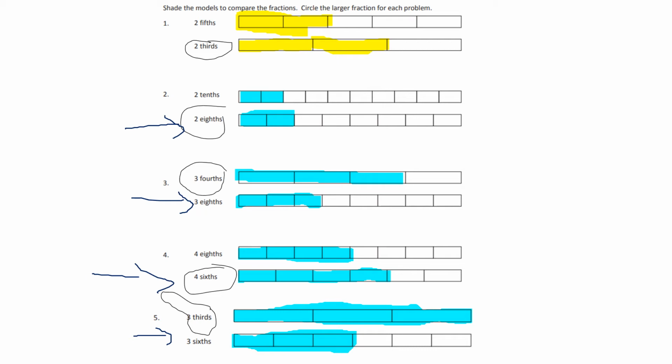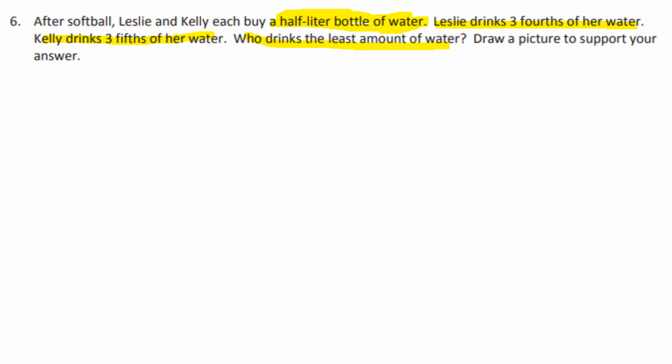So let's keep going. For number 3, it says, after softball, Leslie and Kelly each buy half a liter of water. Lily drinks 3/4 of her water, and Kelly drinks 3/5 of her water. Who drinks the least amount of water? Draw a picture to support your answer. So remember, we're doing now fourths and fifths.